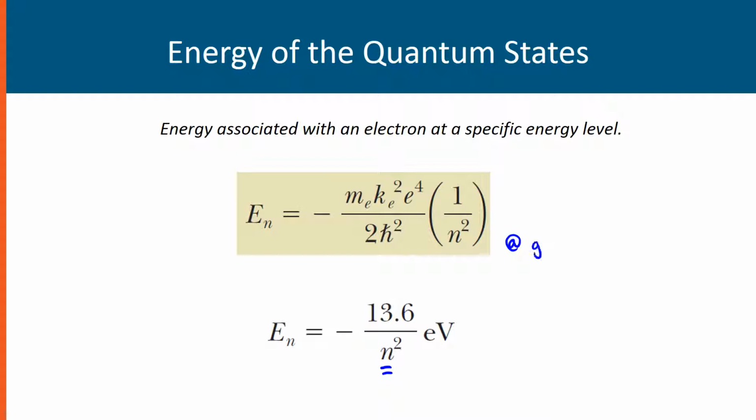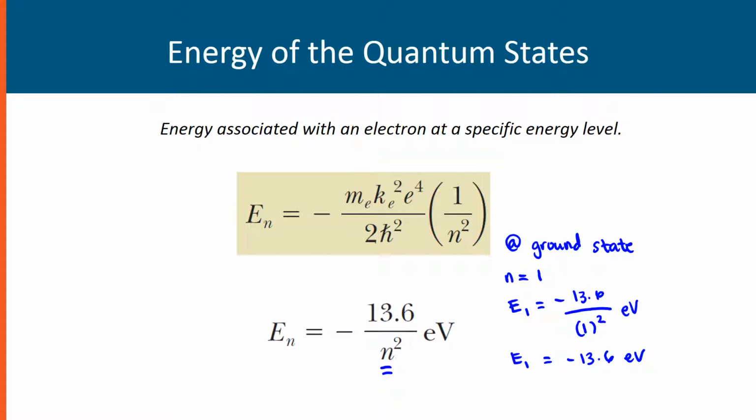So at ground state, n is equal to 1, and the energy associated at ground state is just equal to negative 13.6 divided by n squared, and our n is equal to 1, and this is in electron volts, so therefore the ground state energy is equal to negative 13.6 electron volts. Consequently, for the energy of the electron on the second energy level, we would substitute n to 2, so we will have negative 13.6 divided by 2 squared, and this would give us negative 3.4 electron volts.